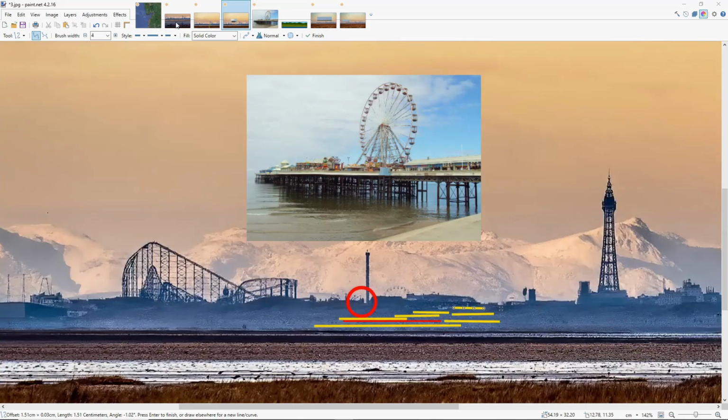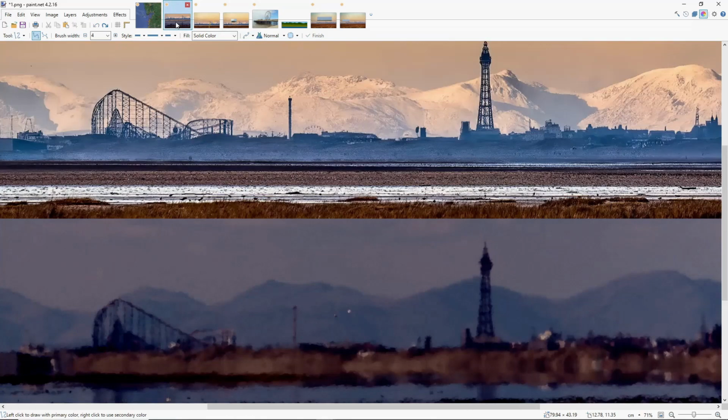Now, just to let you guys know that this wasn't a one-off photograph, we are going to look at some other photography that Bev actually took. And here we have a photograph which Bev took, this bottom image here, or Bev's son took, whichever. He went to the same spot and essentially recreated the image of Blackpool with the mountains in relation to the tower.